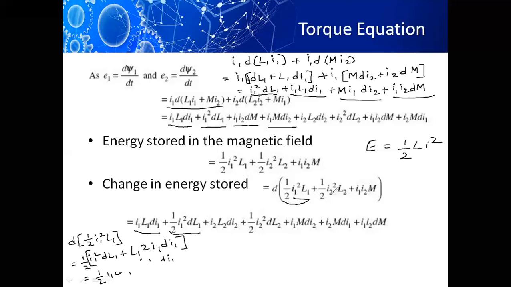Similarly for this, we'll be having I2 L2 dI2 plus half I2 square dL2. Again, when we derive this portion, we have three terms. So we will be having I1 M dI2 plus I2 M dI1 plus I1 I2 dM.